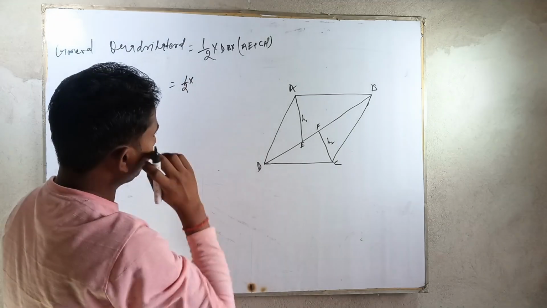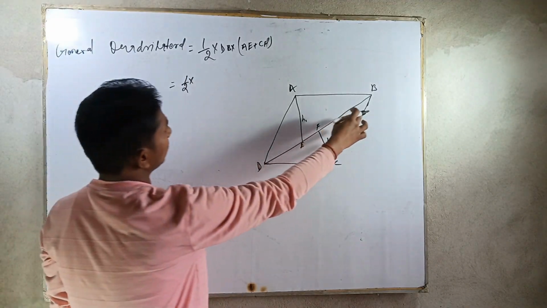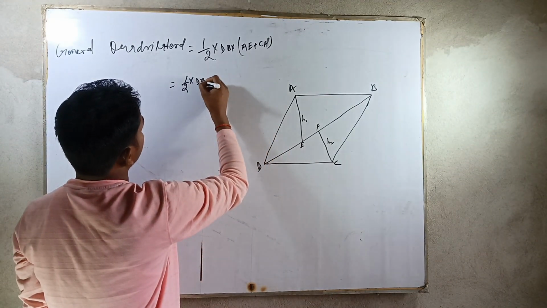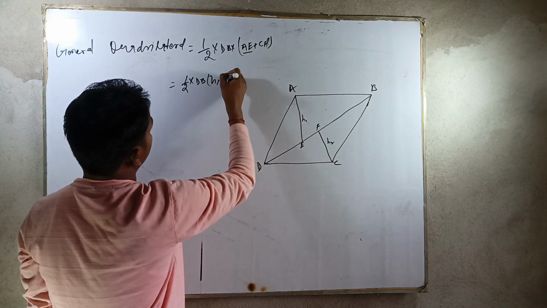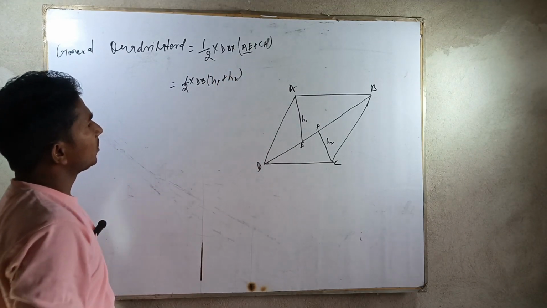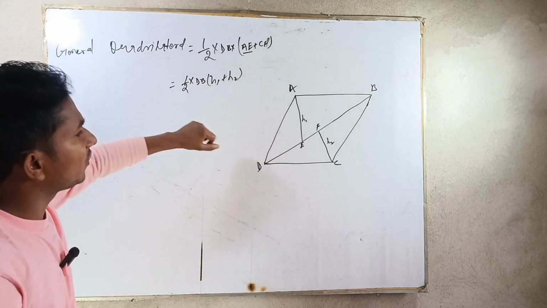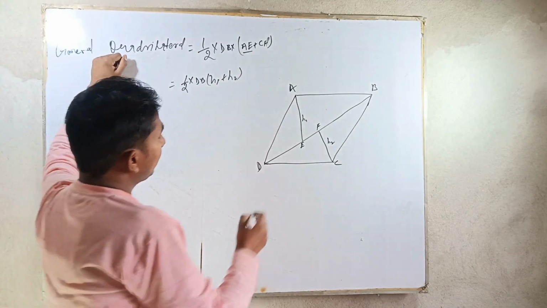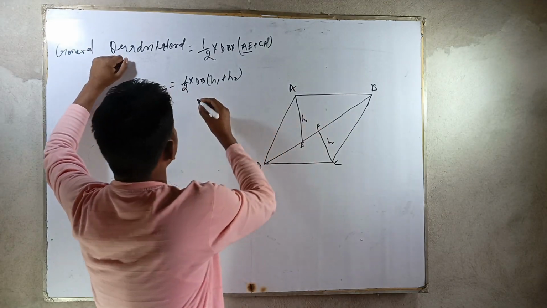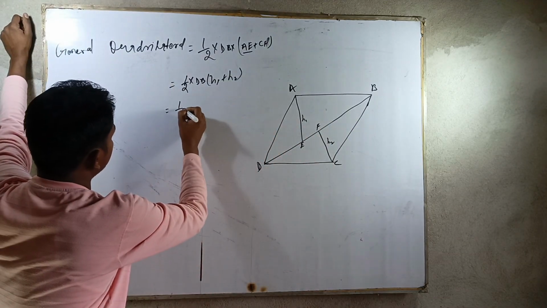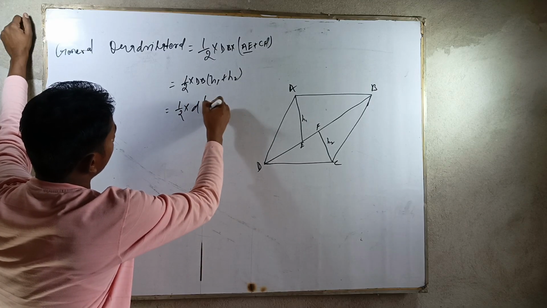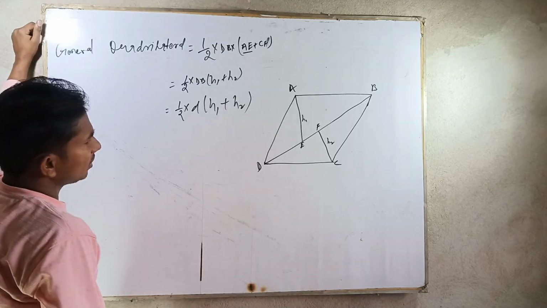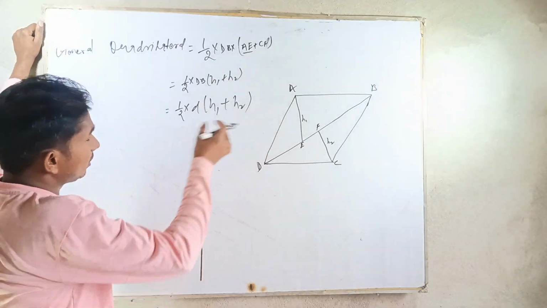DB is called the diagonal, and this one is H1 and H2 is given. So for the area of a general quadrilateral, if DB is denoted by the diagonal D, then I can write 1 by 2 into D into H1 plus H2, and the area of this figure can be measured like this.